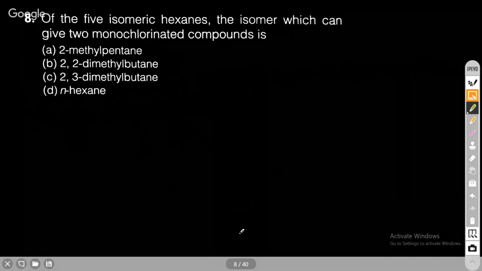Tell me the first one, second one, third one, and fourth one. For all these compounds, how many monochlorinated products are possible? 6. Now you're getting different answers. 6, 4. Check your answer.